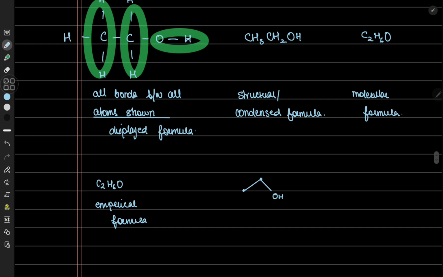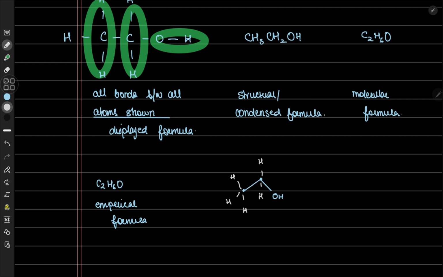Now when you draw a formula like this, you're assuming that the reader knows that carbon has a valency of 4. It will make a maximum of 4 bonds. So you're assuming that the reader can make the other 3 bonds with hydrogens him or herself. You don't need to show these, of course.